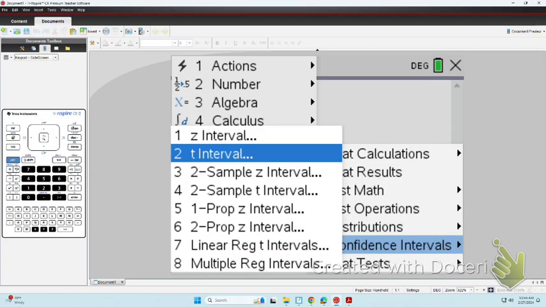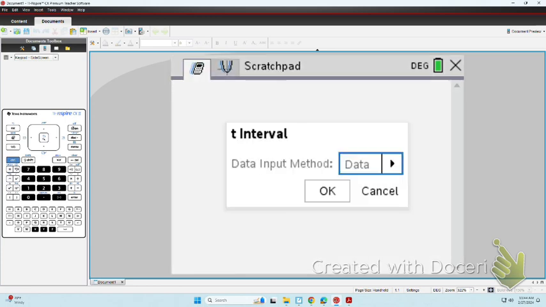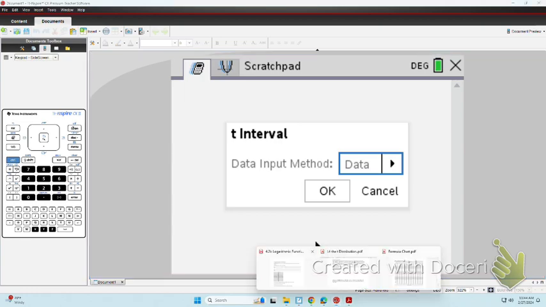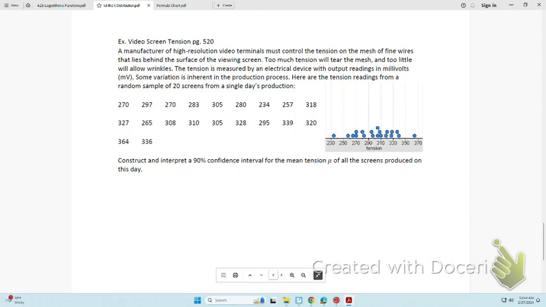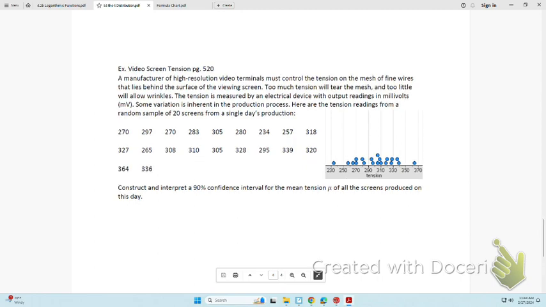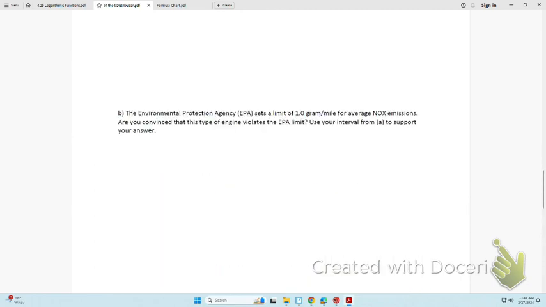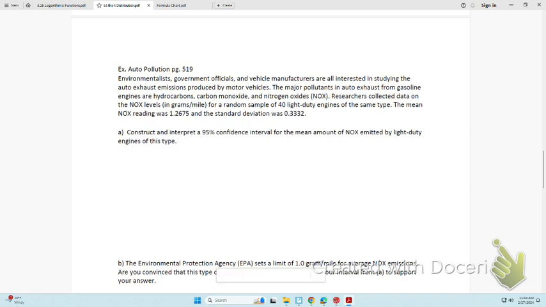All right. So we go to T interval. You have 2 choices here. If you click data, that is like this problem. You have a list of data values. But we have statistics given to us in this problem.